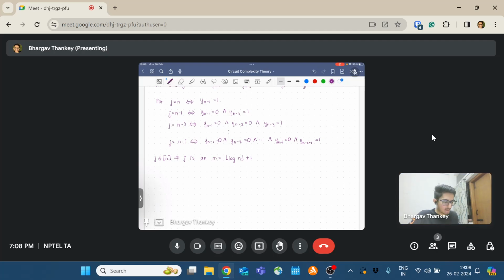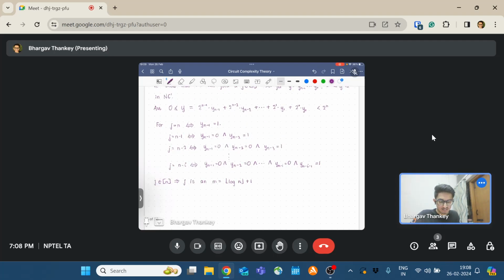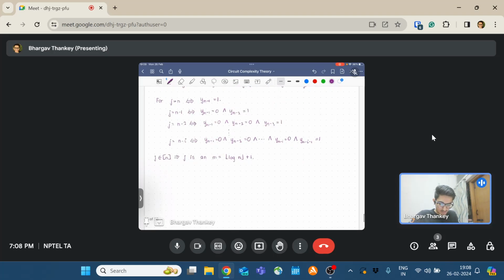And we want to compute each and every bit of j using an NC1 circuit, right? Okay, so let's see how to do that.